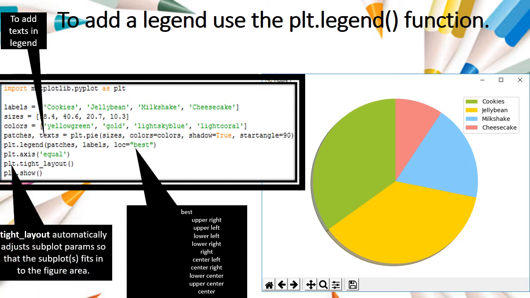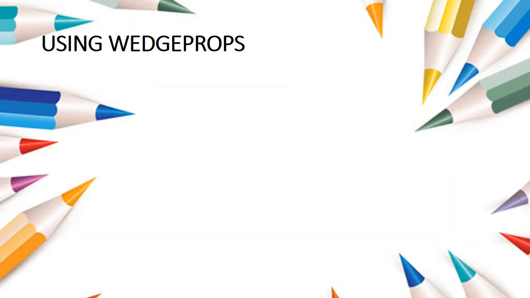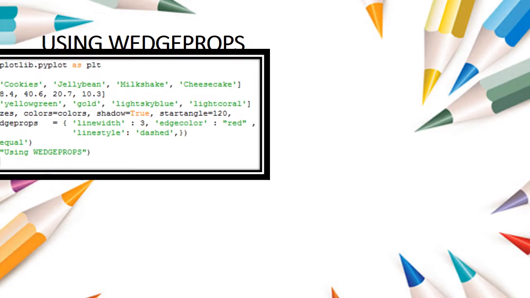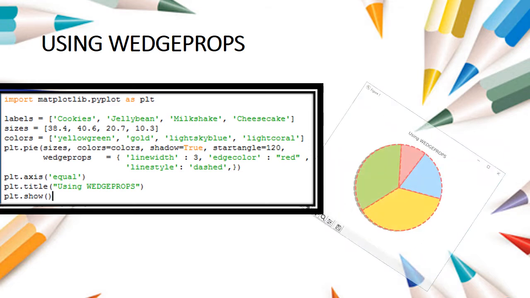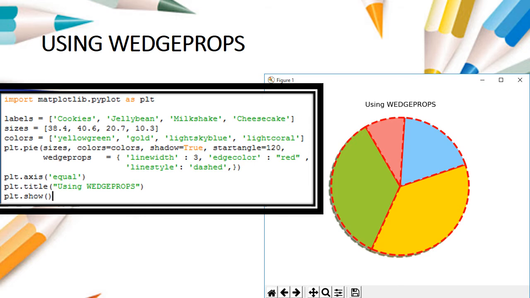And tight layout means it will automatically adjust the subplot parameters, for that purpose we are giving it. And wedgeprops is another attribute of the pie chart. Using wedgeprops we can set the line style, size and color.